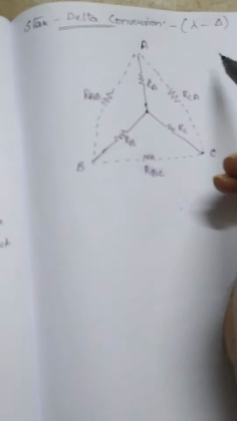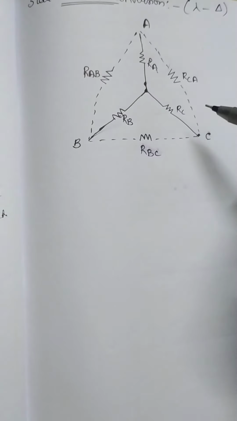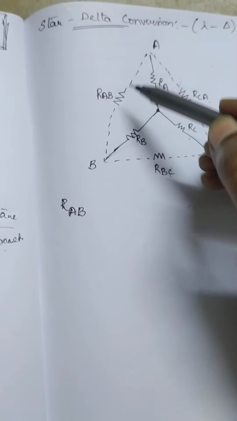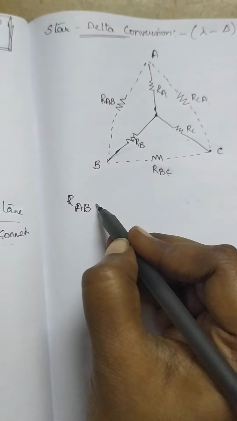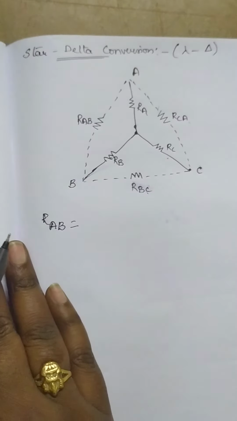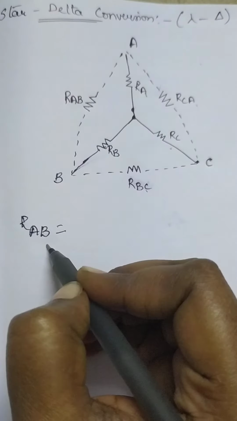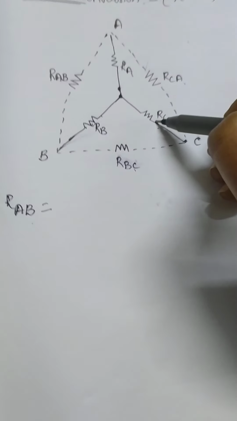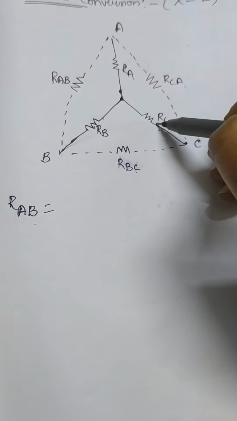Now when you come to the star to delta conversion, you are going to have the values of RA, RB, RC, and you need to find the values of RAB, RBC, RCA. RAB is equal to the sum of all possible products of two resistances of the star connection.